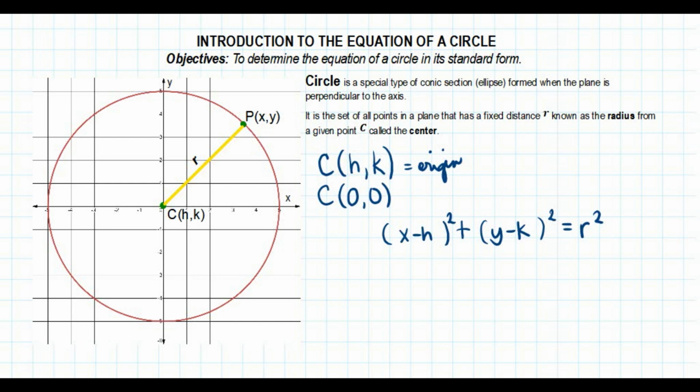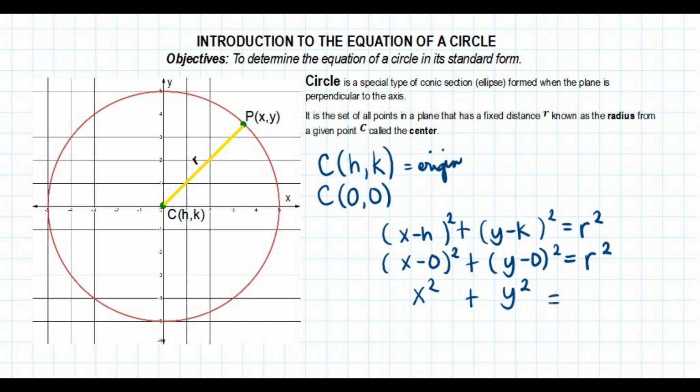So we have x minus 0 and y minus 0. So anong mapapansin ninyo? They will become 0. X minus 0 is x squared plus y minus 0 is y squared equals r squared. And this is another form of the standard equation of a circle.